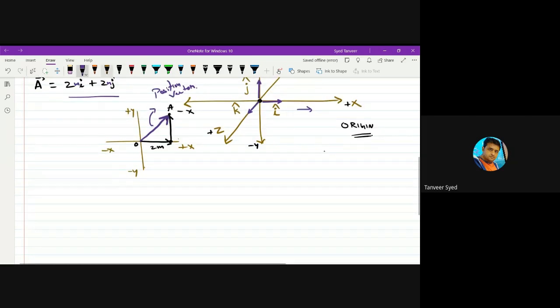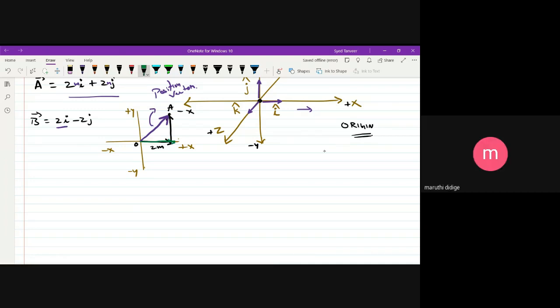If I write another vector, say vector b, as 2i minus 2j. This 2i tells you that start from origin, go 2 meter along x direction, like this.